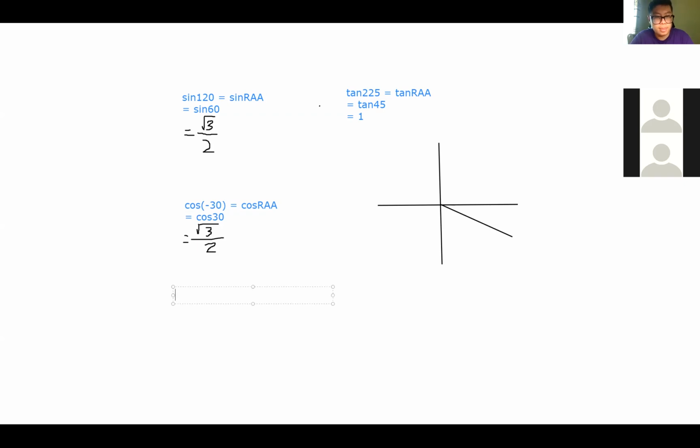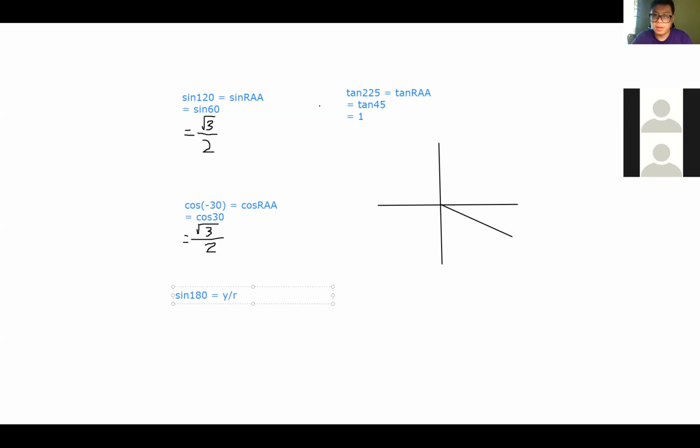So on to our fourth one. Sine of 180 degrees. Now this one, we don't really need to figure out the RAA, but we can use the property that sine is equal to the y coordinate divided by the length of r.